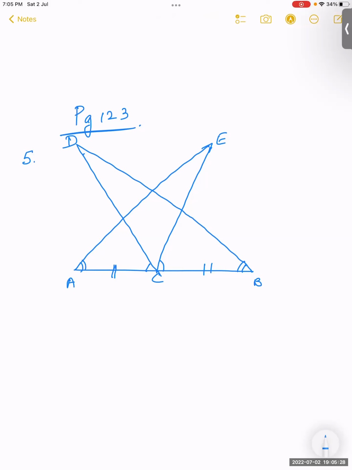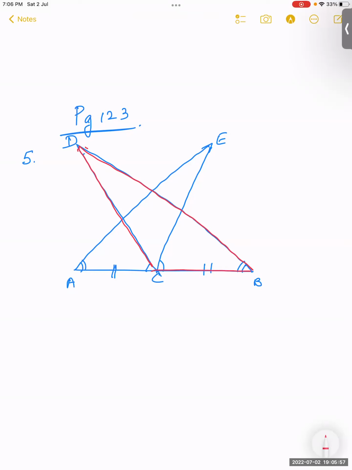Okay, so the question is, you have to prove the congruency between the triangle DBC and EAC. So they have given you the triangles. DBC is this triangle.